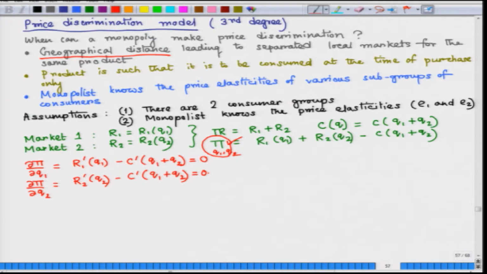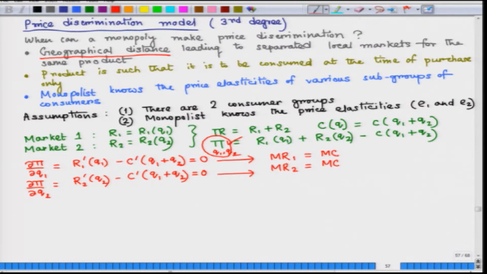So, what do we get from this first order condition, first one and the second one? From the first one we say that marginal revenue in market 1 has to be equal to the marginal cost of production, and from the second condition we can say that marginal revenue in market 2 has to be equal to the marginal cost of production, right.